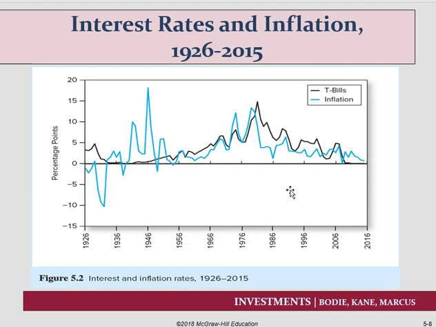But if you understood what was happening to T-bills, this implies that you also understand what's happening to inflation. Said another way, if you hear on the news that the T-bill rate increases by 0.5, what can you take from that announcement?